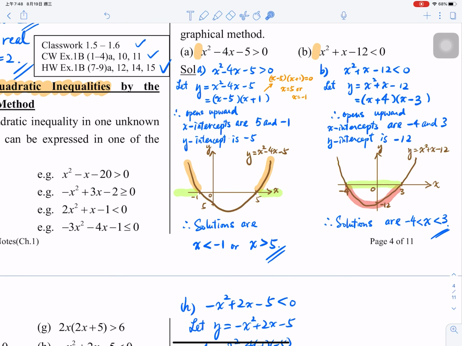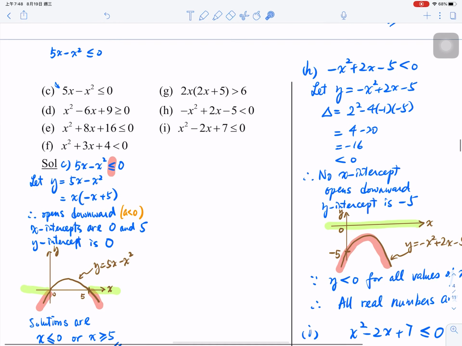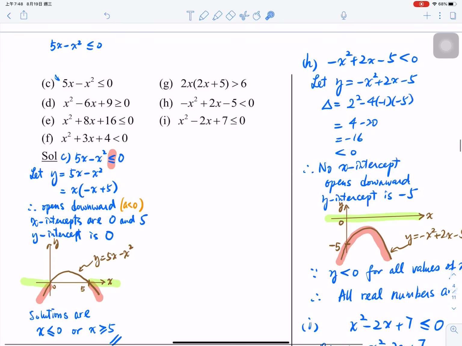We cannot use this or this situation, because here a greater than 0 and opens outwards, right? So you can think of it as opens upward, so times negative 1, that means it becomes x squared minus 5x greater or equal to 0.